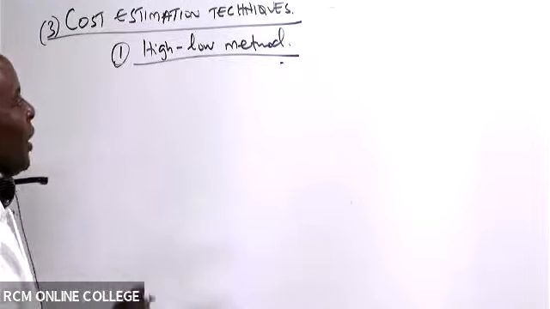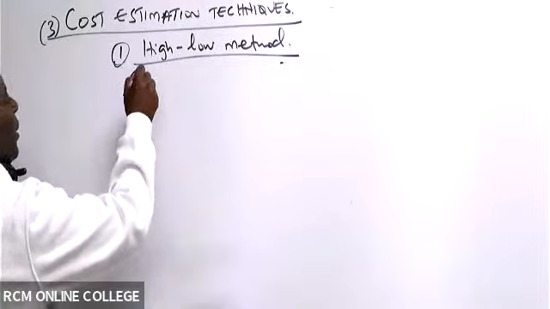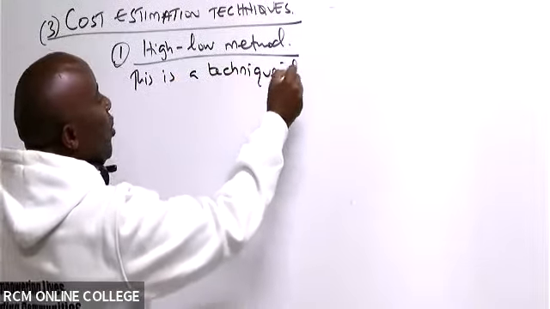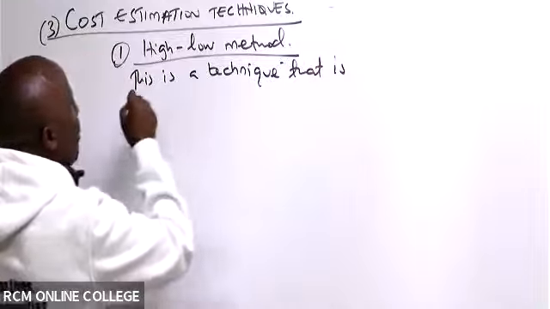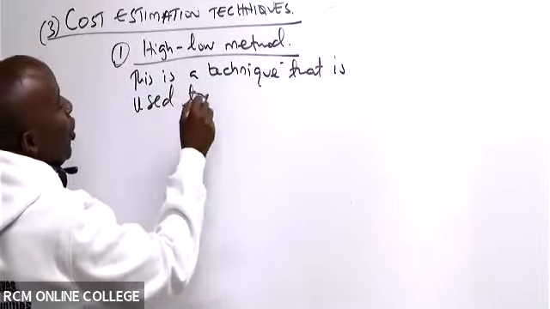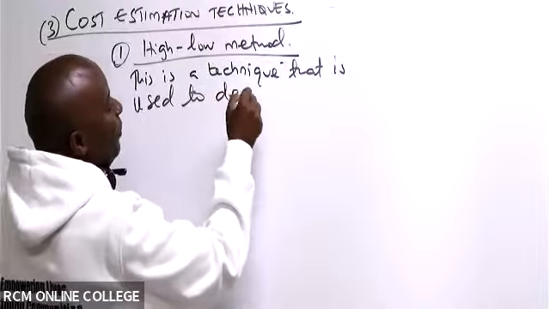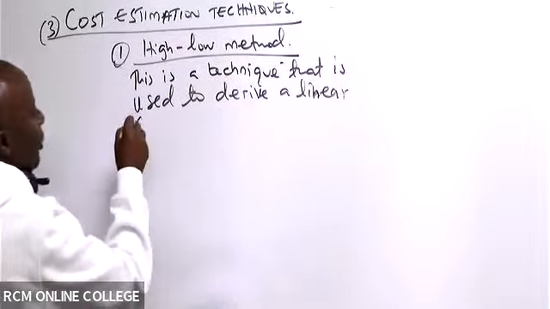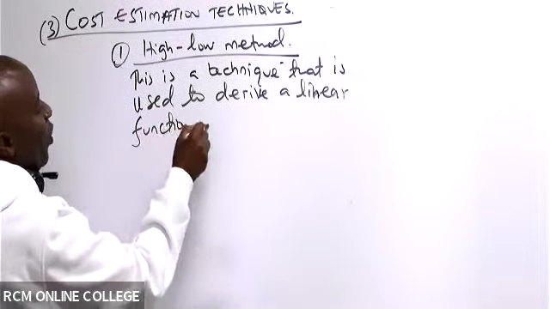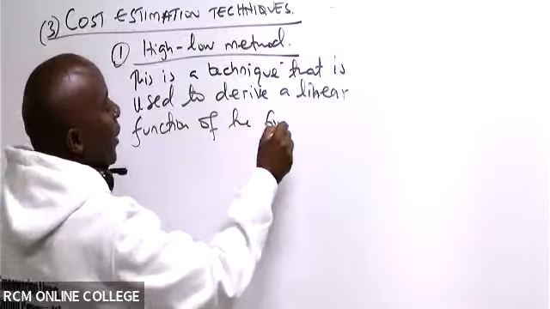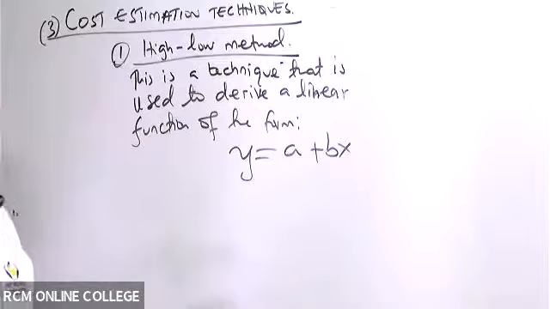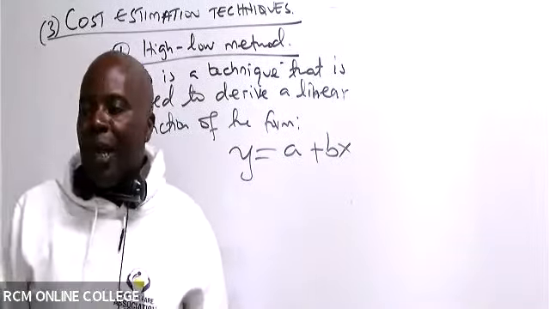Under the high-low method, this is a technique that is used to derive a linear function of the form y equals a plus bx. A linear function of the form y equals a plus bx.